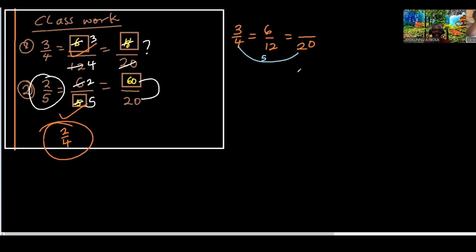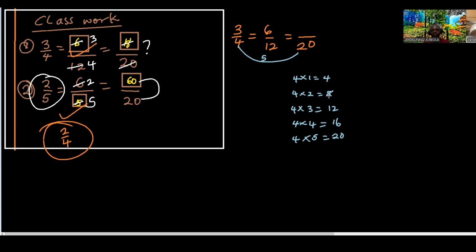You know, 4 times 1 is what? 4. 4 times 2 is what? 8. 4 times 3 is what? 12. 4 times 4 is what? 16. And what is 4 times 5? 4 times 5 is 20.